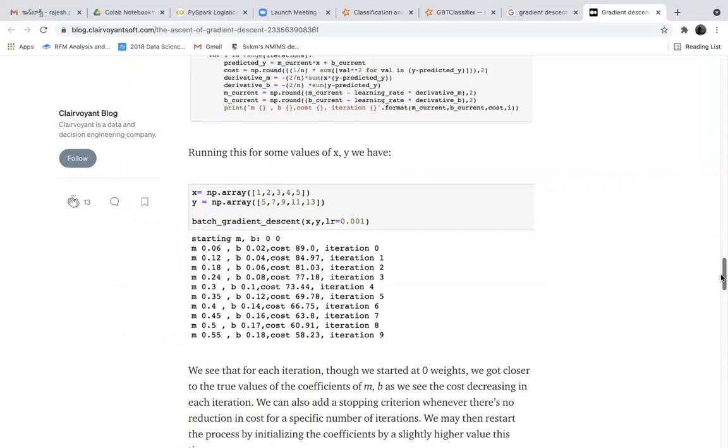These weights are given in minimal proportions. They will not assign a large weight; the weights are given in smaller proportions, like 0.05, going to 0.10, something like that. So this descent algorithm will decide what the weights should be.